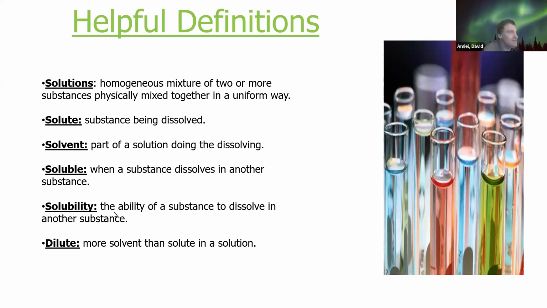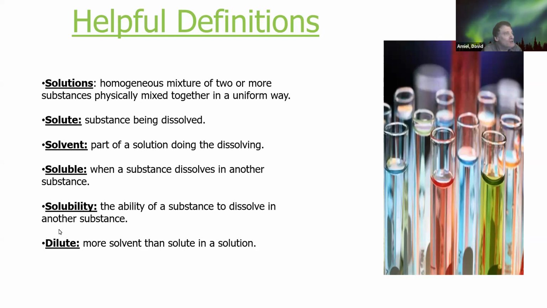And then the last one on here is the word dilute. This is a very important word in the upcoming sections, because we're going to learn how to dilute concentrations.